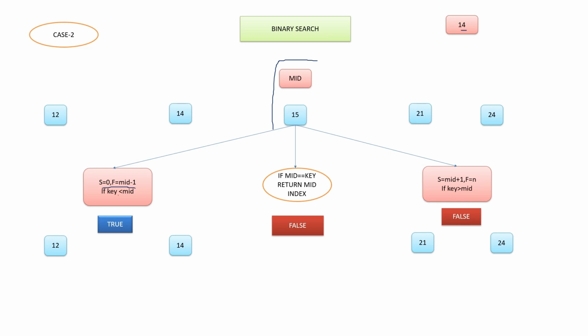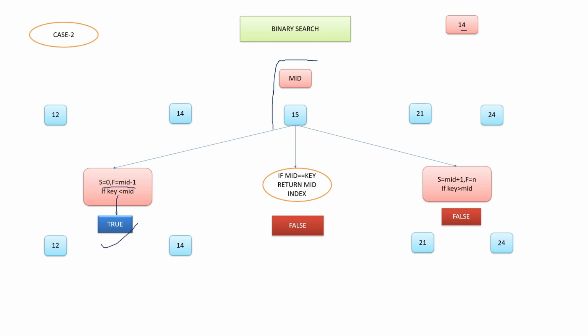So this condition is true here. But if the key is greater than our mid element, then we go for the second half, where the start point is mid plus 1 and the final point is n.